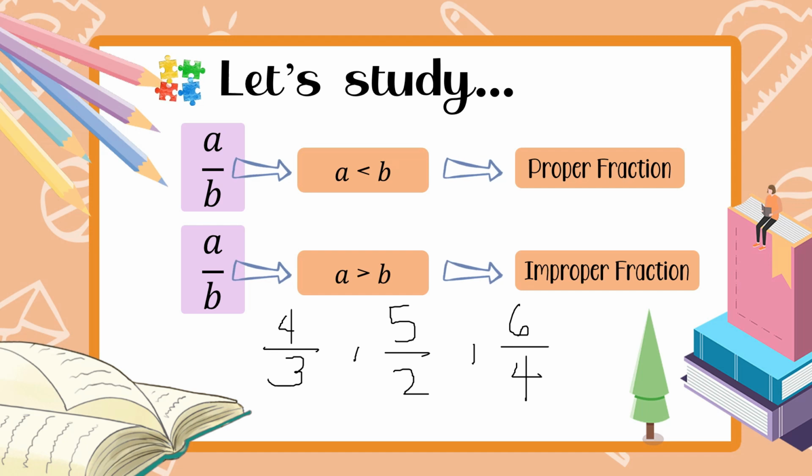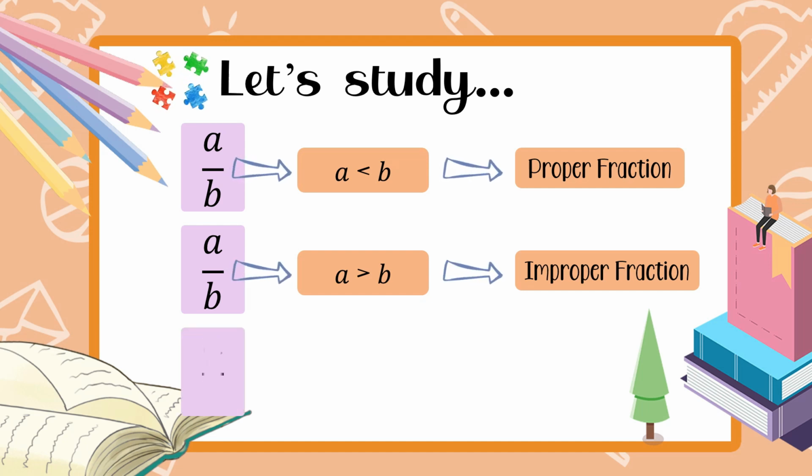As you can see, the numerators here, 4, 5, and 6, are greater. Mas mataas ang value kaysa sa ating mga denominators. So, we call those improper fractions.